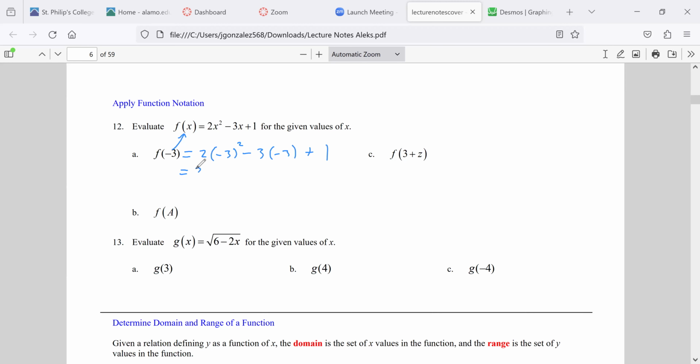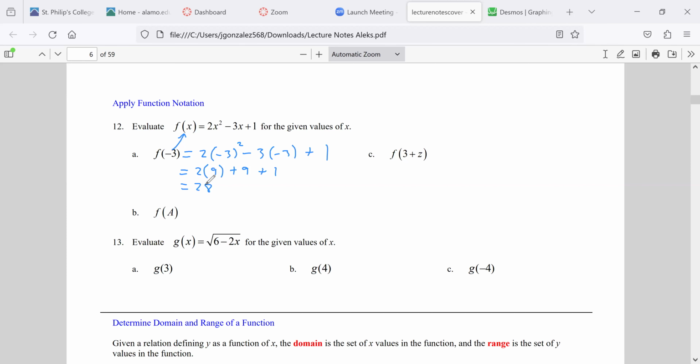Figure your calculator, plug it in exactly the way it is. You get 3 times -3 squared. -3 squared is positive. Neat. Yeah, that's right.